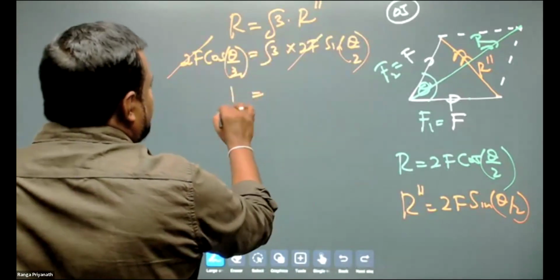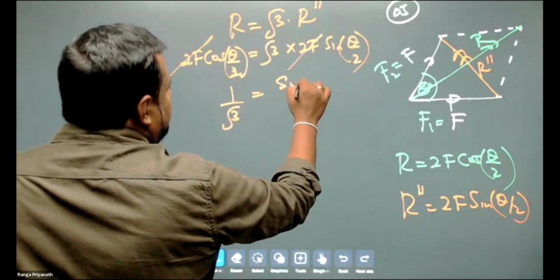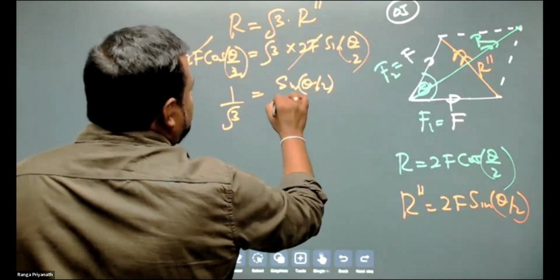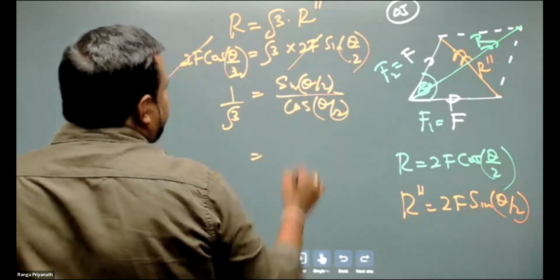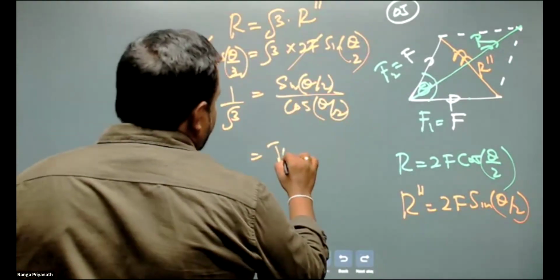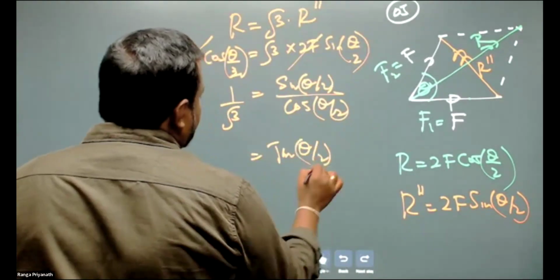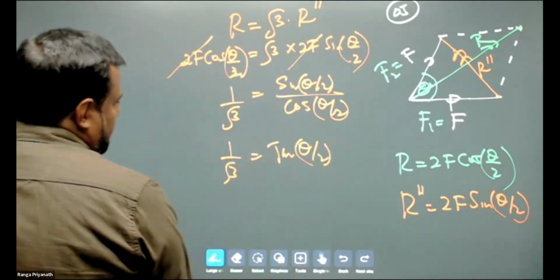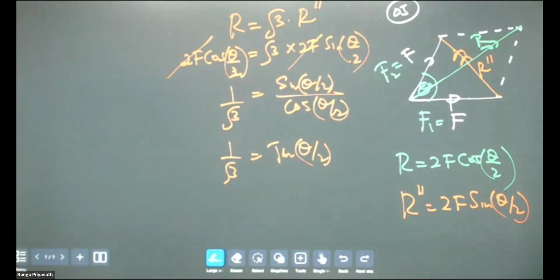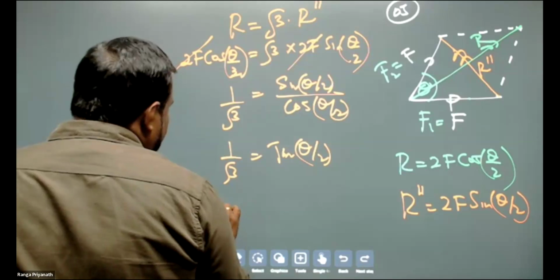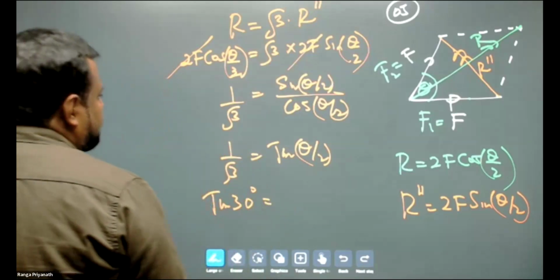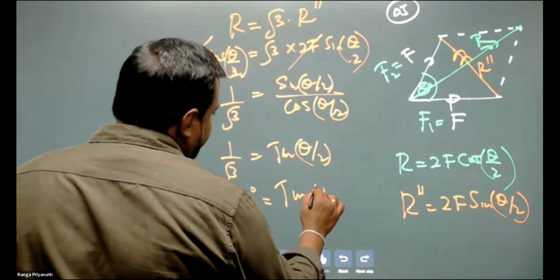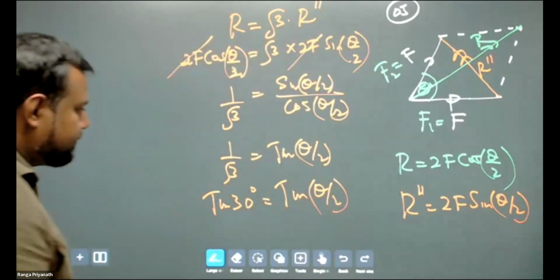This is 1 over root 3 equals sine theta divided by 2 over cos theta divided by 2, that is tan theta divided by 2. So 1 over root 3 equals tan theta divided by 2. 1 over root 3 means tan 30. Tan 30 equals 1 over root 3.